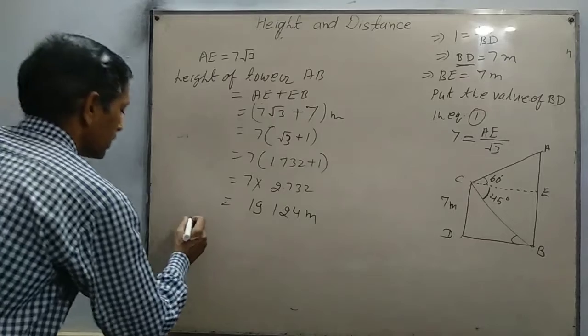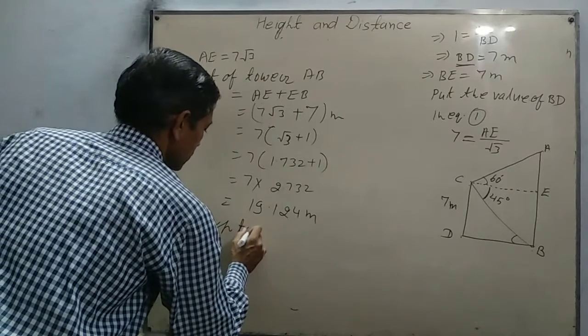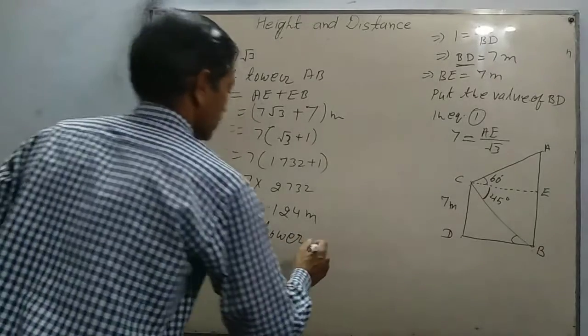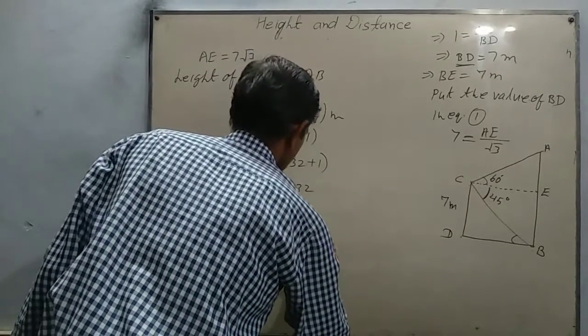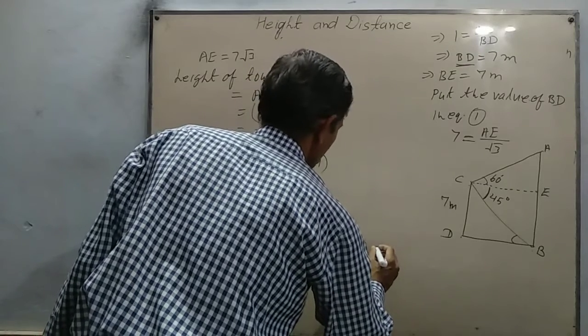So height of the tower is equal to 19.12 meter.